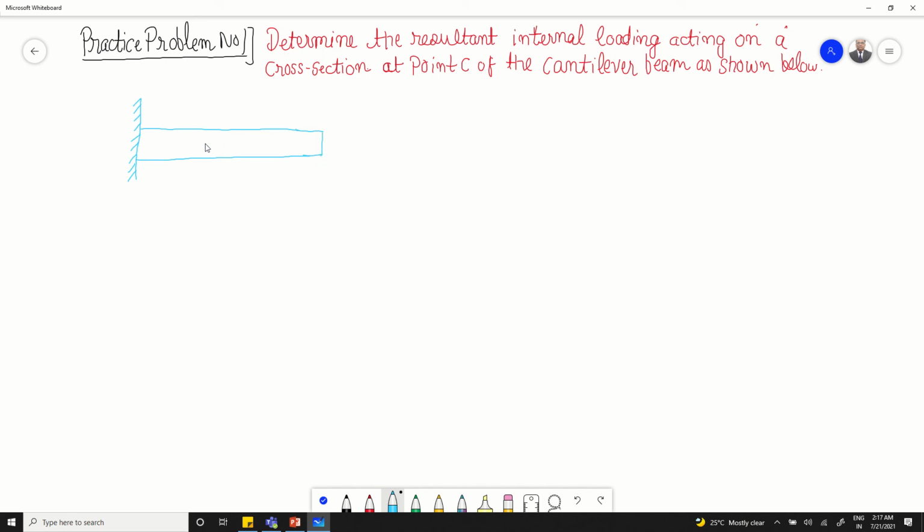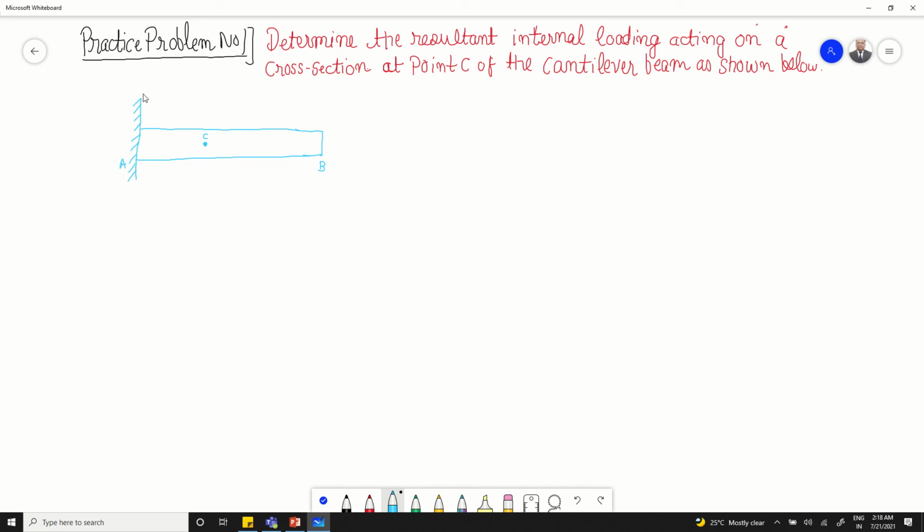This is point C. This is point B and this is point A. So we have to find out the resultant internal loading that will be acting at point C.